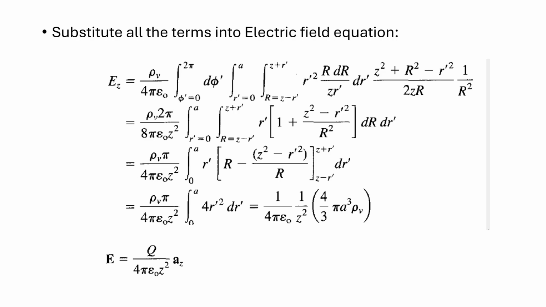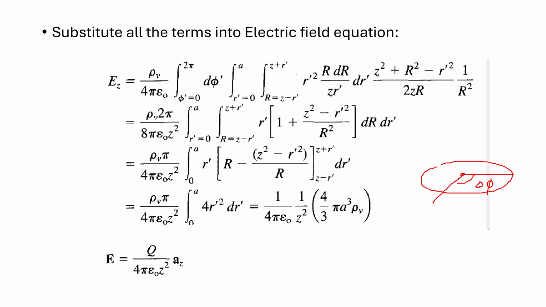This side you take from 2 pi. This side comes from the angle in the x and y plane; the change of angle here gives this. Then you have dr, which goes from the position of the source point, and the radius here runs from a to 0.